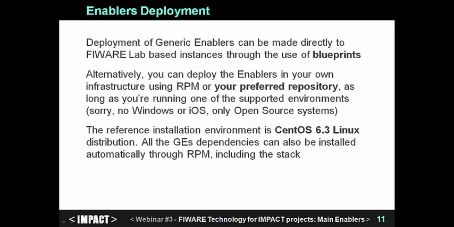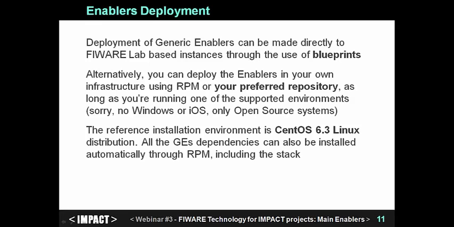You can install all the generic enablers that you need for your architecture, for your application, using directly the RPM method. And well, as you usually do, all the dependencies can also be installed automatically through RPM. I mean, the stack, everything.